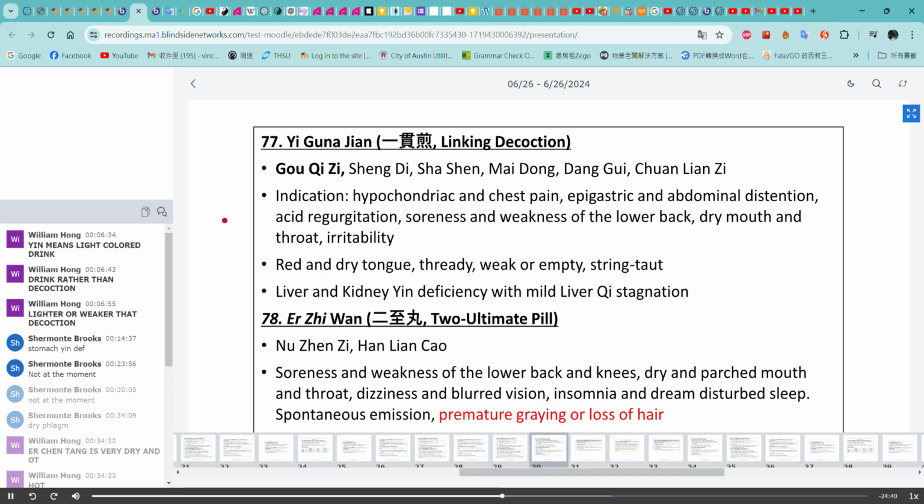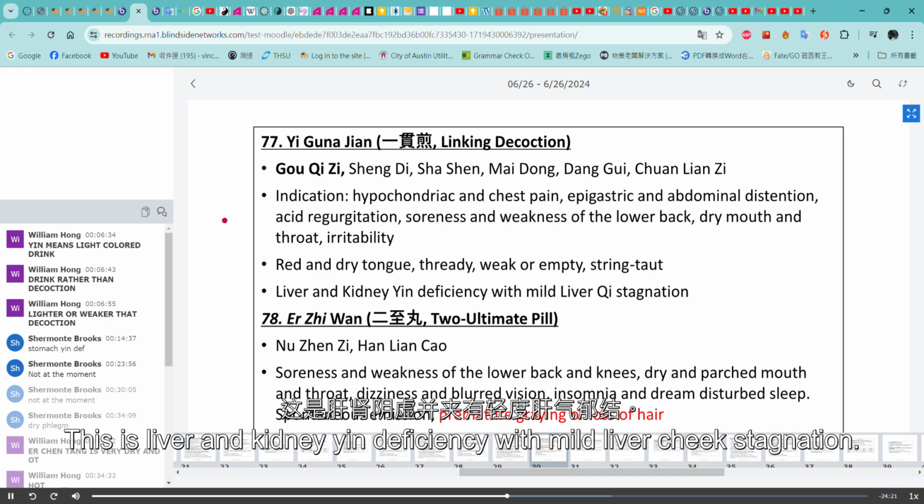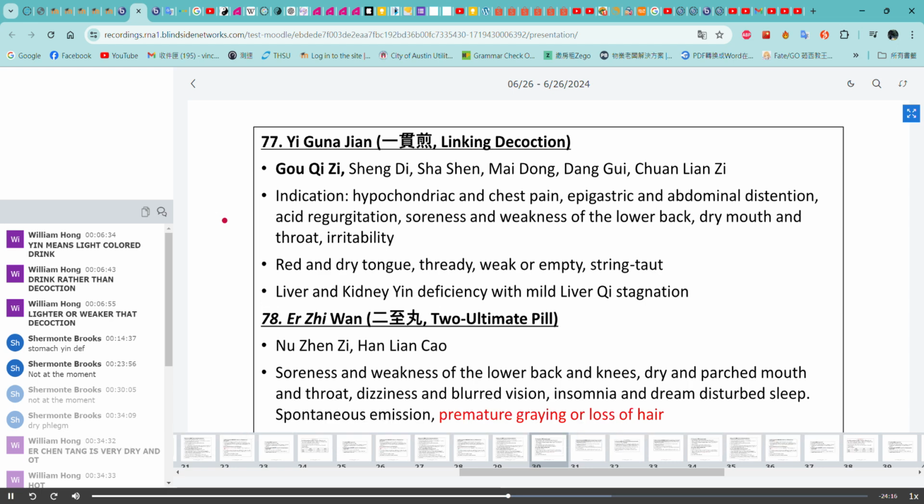Like 枸杞子, shengdi, maidong help the yin, and the danggui gives the liver qi a way to move. That helps the qi stagnation, along with Chuanlianzi. This is liver and kidney yin deficiency with mild liver qi stagnation.